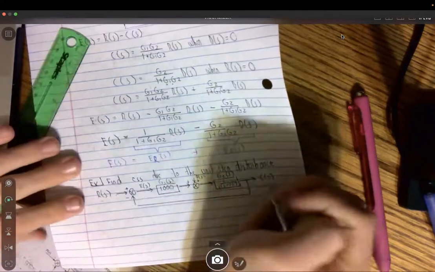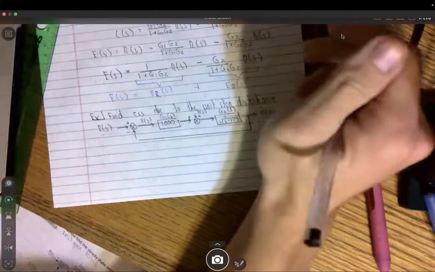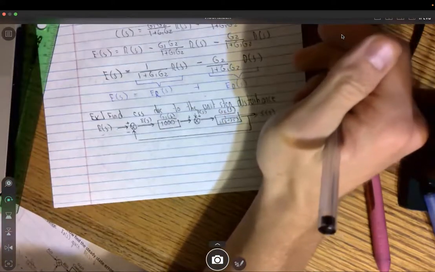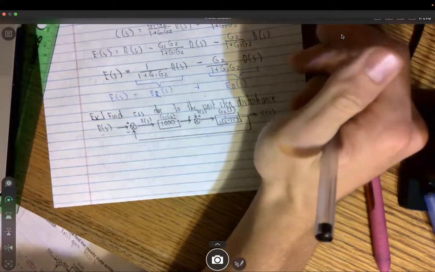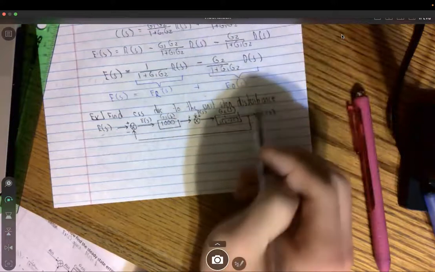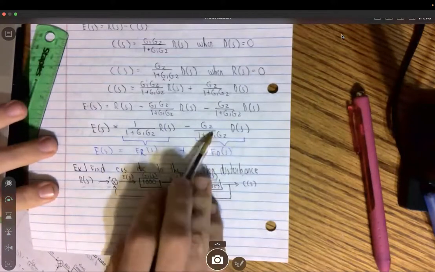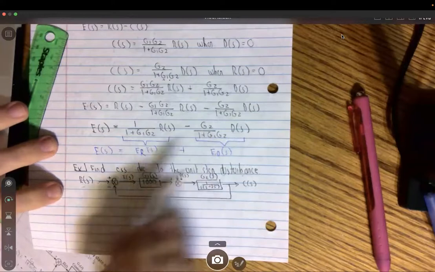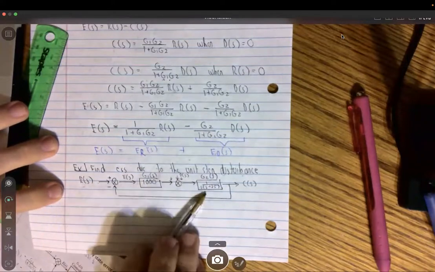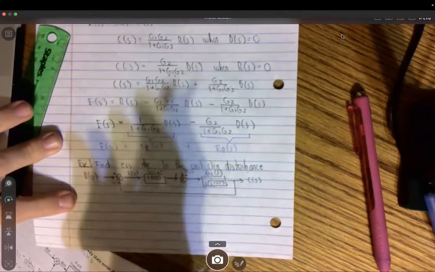Okay, now that we have this here, we need to find the error due to the unit step disturbance. Remember, the error due to the disturbance is given by this equation here. This is our G1, this is our G2. Let's just plug it into our equation.